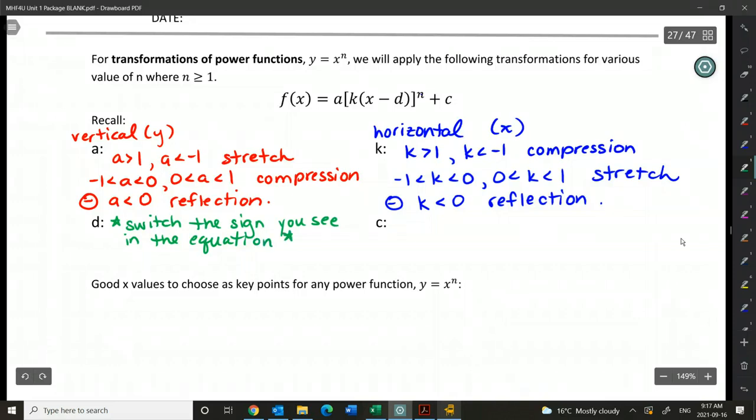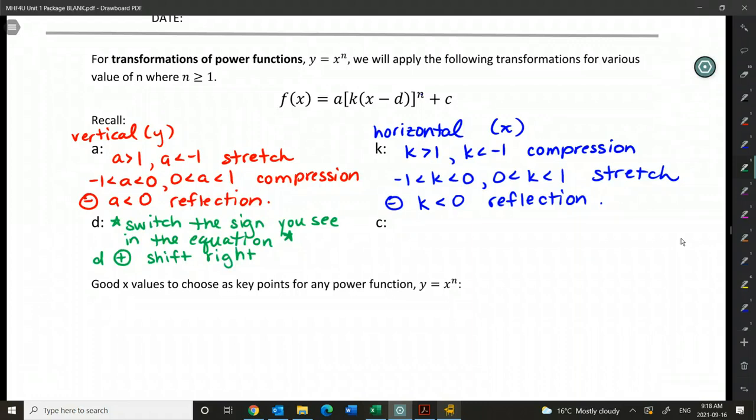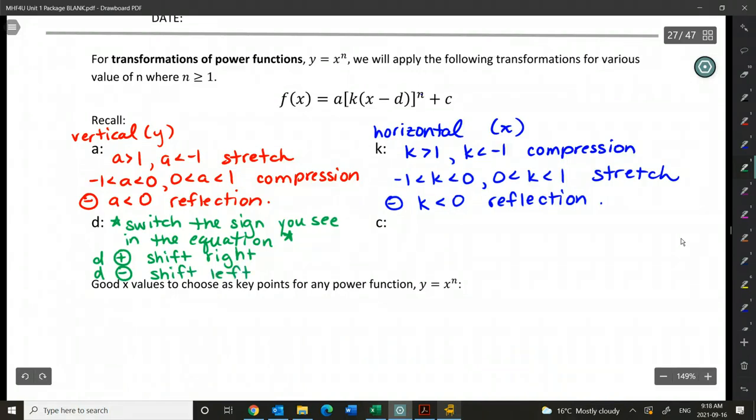And once you've switched that sign, if d is positive, this is going to be a shift to the right. Or in other words, if it's greater than 0, you shift to the right. If d is negative, or in other words, less than 0, we shift to the left. Okay, after we've switched the sign that we see in the equation.